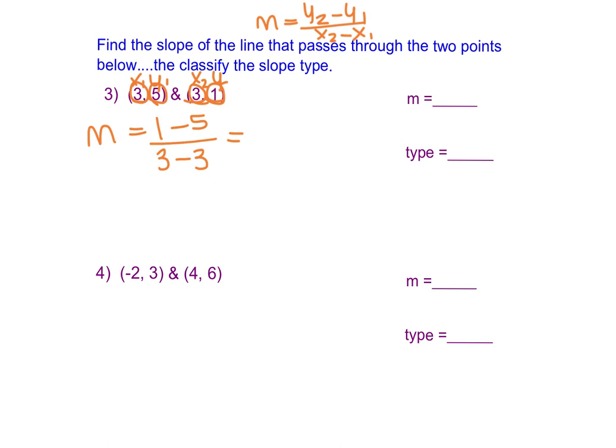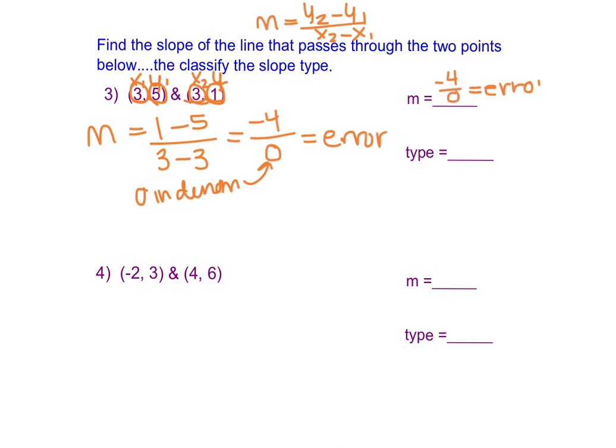So here we have 1 minus 5, which is negative 4, over 3 minus 3, which is 0. I know that 0 in the denominator is a problem. That's something that doesn't work, and it's going to result in an error. So my slope, you can write negative 4 over 0, but you should also know that the 0 in the denominator causes that to result in an error.